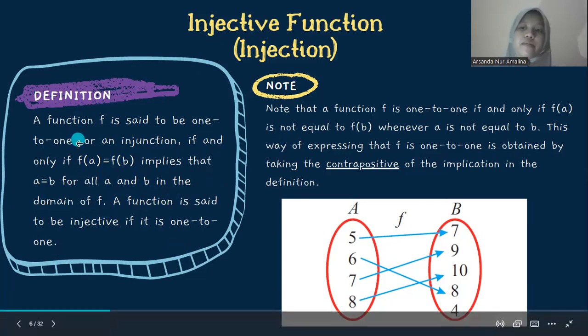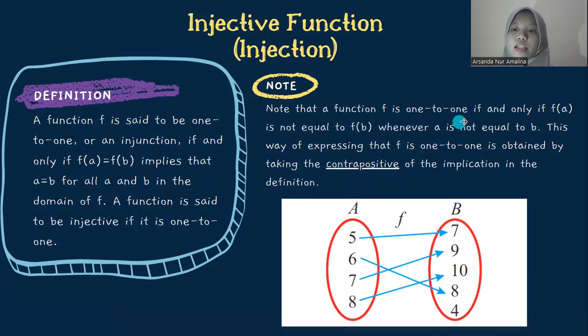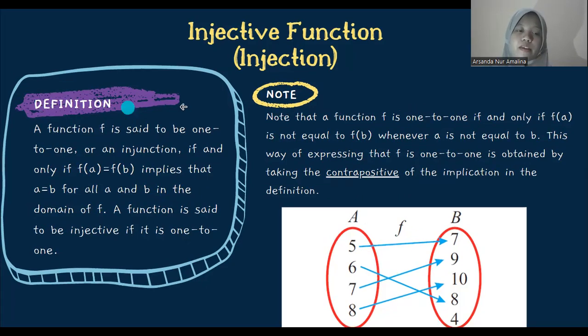By the definition, we can have the contrapositive of it: f of a is not equal to f of b whenever a is not equal to b. So this is the definition, and this is the contrapositive of the definition. We can use either the definition or the contrapositive to prove whether a function is injective or not.